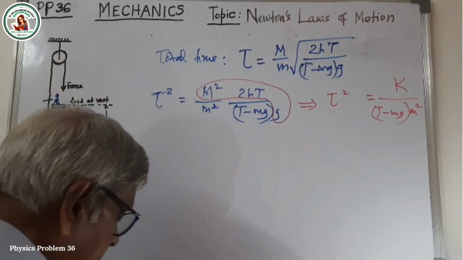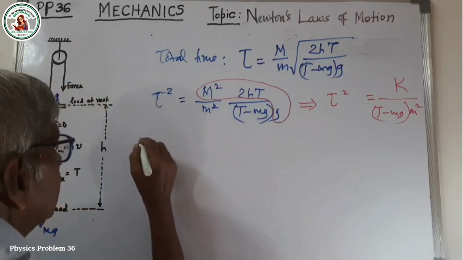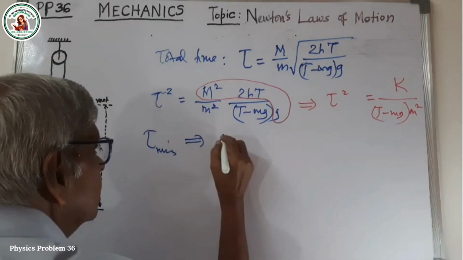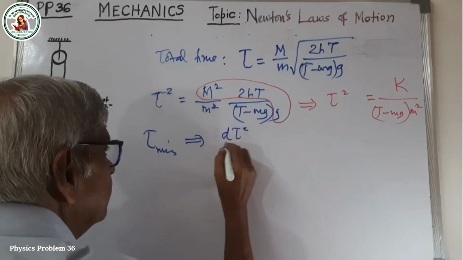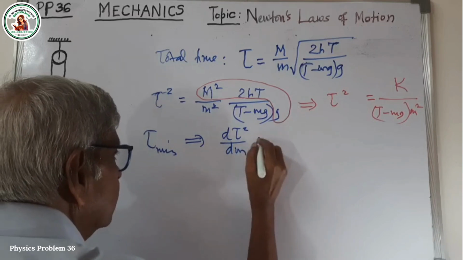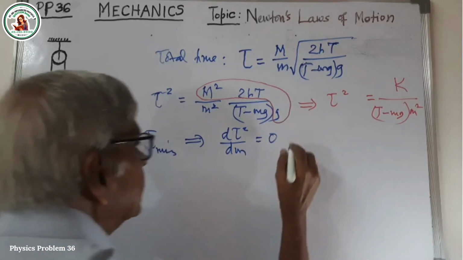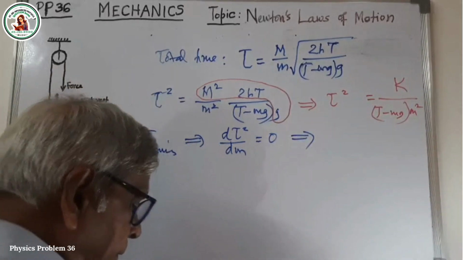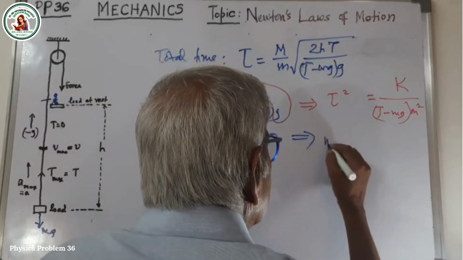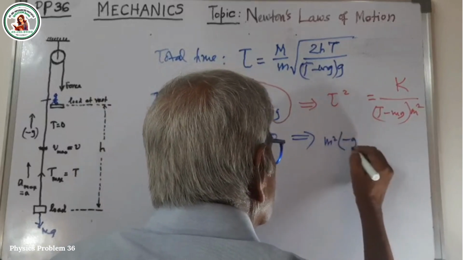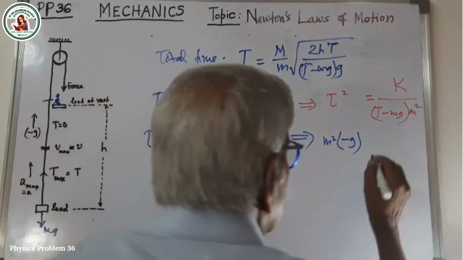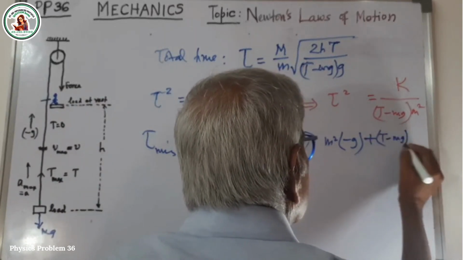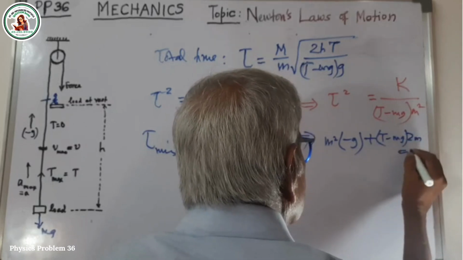For tau minimum, we know tau is to be minimized, which implies d(tau square)/dm must be equal to 0. Only the differential part of that we have to make use of: m square into minus g, plus (T minus mg) into 2m, is to be 0.